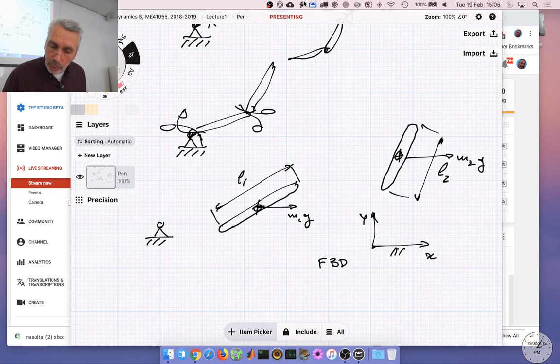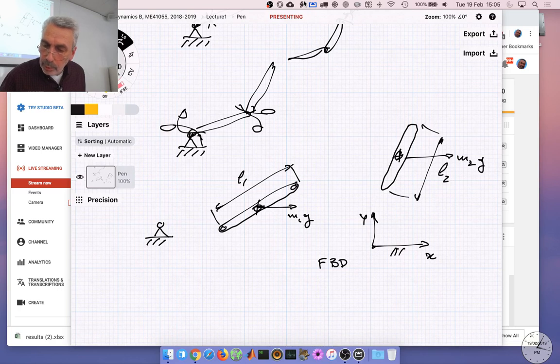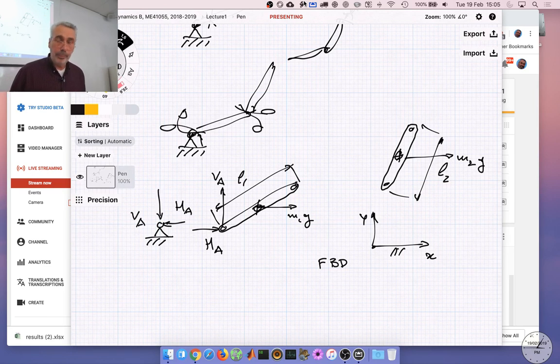So there is some horizontal force in A, and according to Newton's third law, there's an equal and opposite force on the support. And for the vertical, same, and you can choose whatever direction you want. So VA up, but then if you have chosen that, here you have VA down.